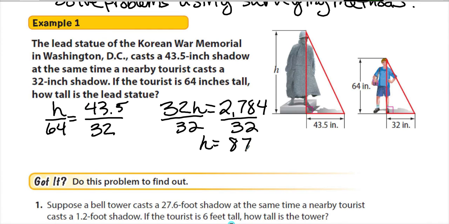Are we supposed to label or not? It just says H, so do we need to include measurements? Yes, we do, because it does not say H inches, it just has H. So we need to rewrite that as 87 inches. Don't forget to label. Let's circle that because it blends in right there.